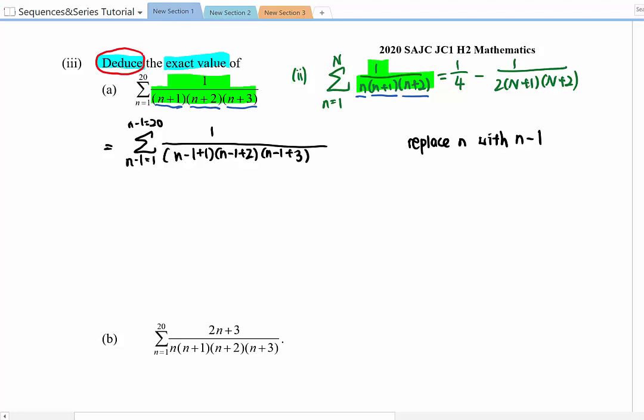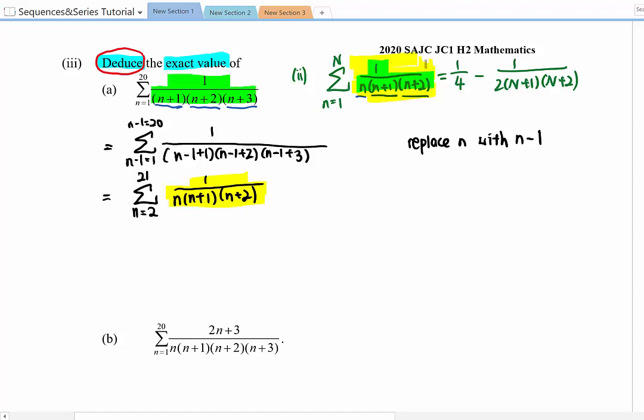All right, so if you were to make things look a little bit neater, this will be the sum from n equals 2 to 21 of 1 over n, n plus 1, n plus 2. And great, now we do see that the terms in this specific series are actually the same as the terms that we saw earlier on in this case, right?